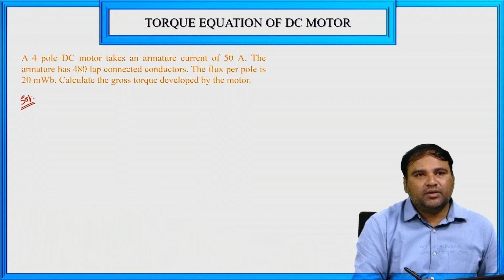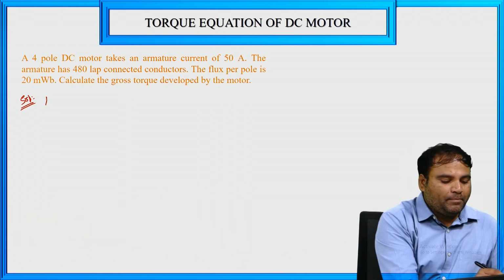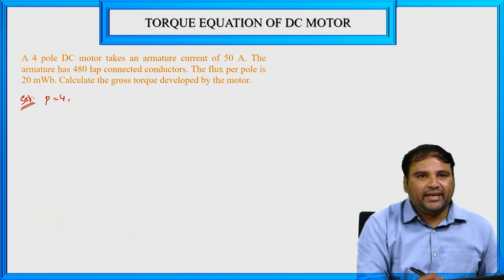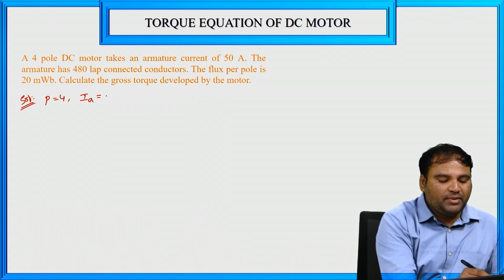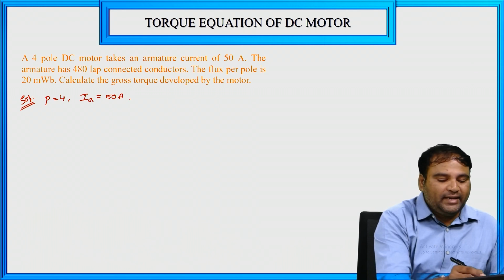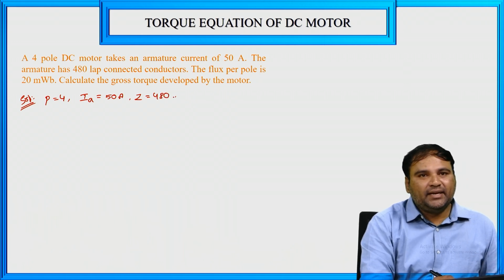A 4-pole DC motor, so total number of poles P equal to 4. The DC motor takes an armature current; previously the armature current was 6 ampere, now it is 50 amperes. The armature has 480 conductors, so the total number of conductors Z is equal to 480 and it is lap connected.